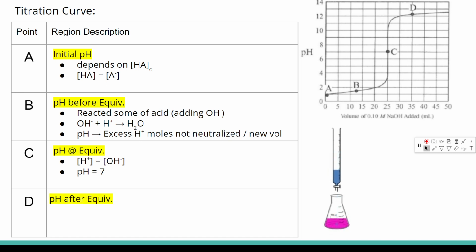And then for point D on the graph, this is the pH after the equivalence point, so we are adding more sodium hydroxide, and pretty much the hydroxide, the OH-, is overpowering. It's going to affect the pH more than the conjugate base.